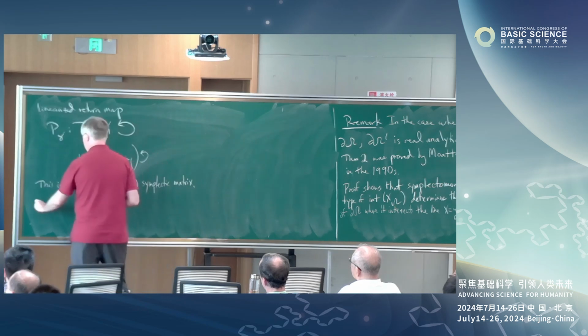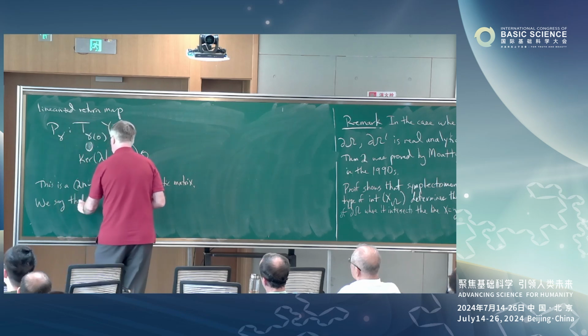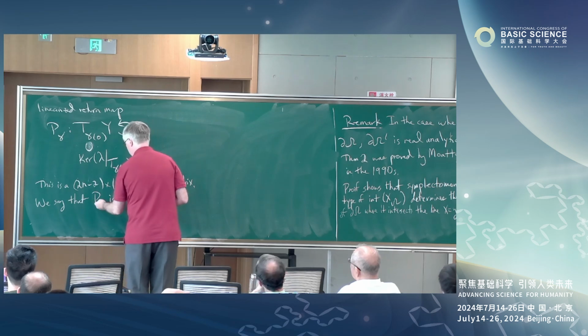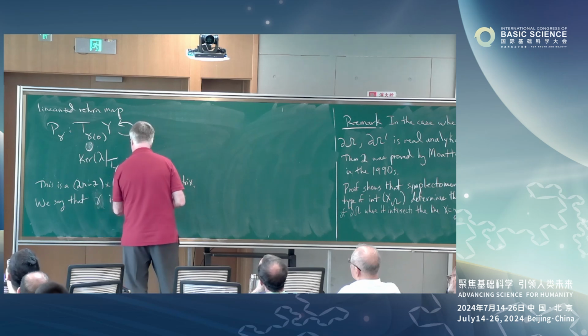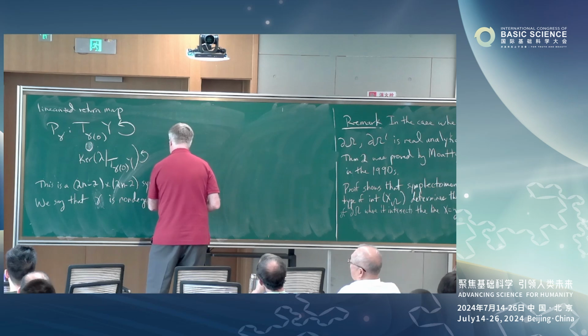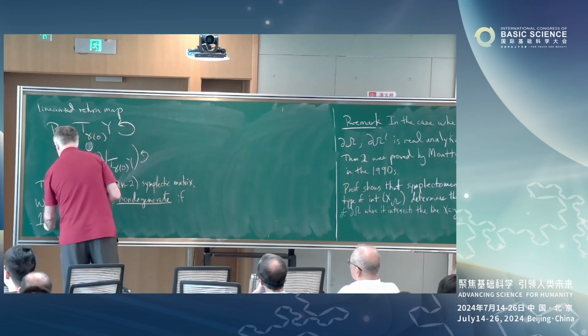And we say that gamma is non-degenerate if 1 is not an eigenvalue of this matrix.